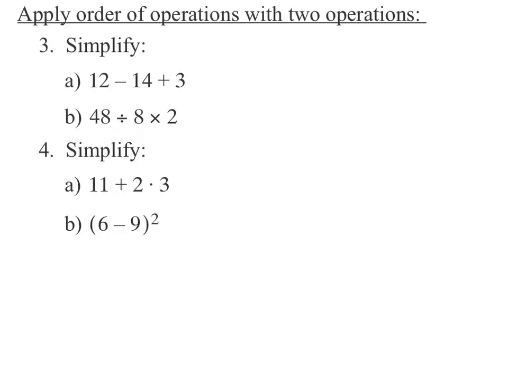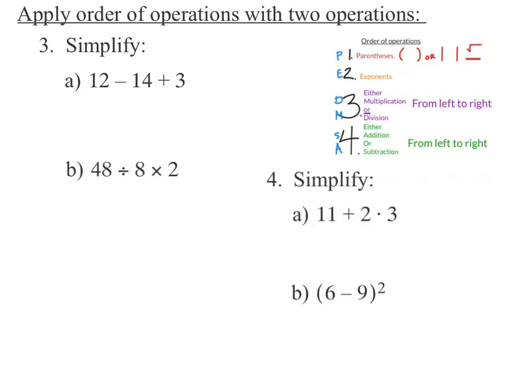Next up, we'll use the order of operations on these. So remember, it's PEMDAS, right? But not always PEMDAS. Remember, it's parentheses, exponents, but then it's either multiplication or division from left to right, and then either addition or subtraction from left to right.